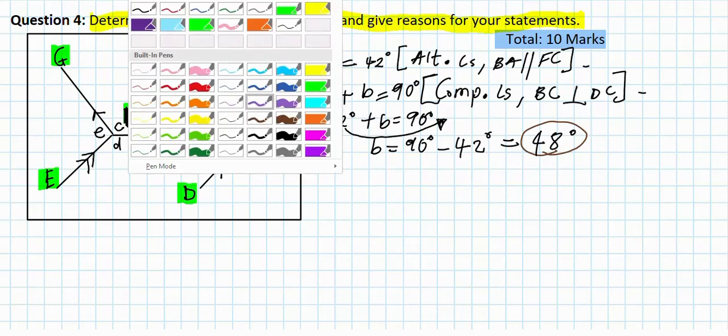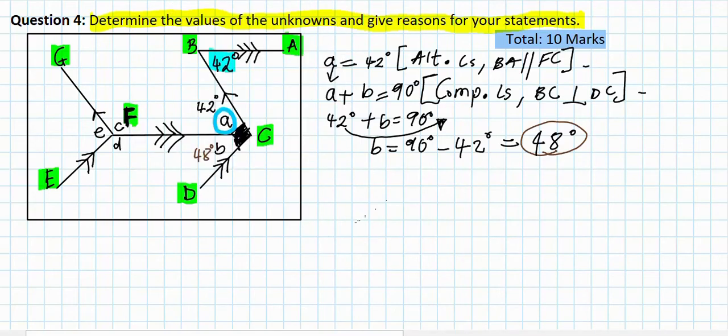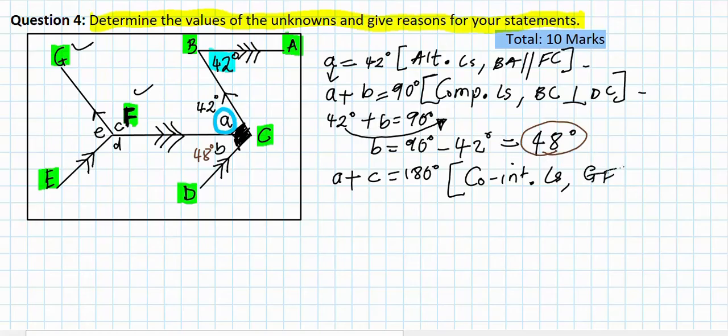I'm saying if I add angle A with angle C, I must get 180 degrees. Reason: co-interior angles. Those co-interior angles are using which parallel lines? They are using GF. So here I'll write GF is parallel to another line, BC.